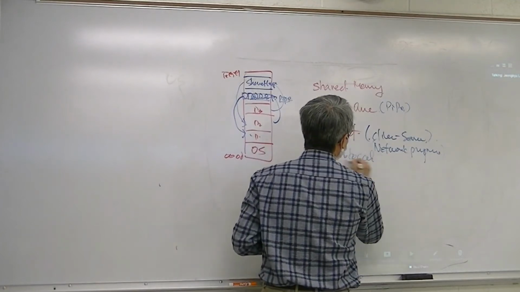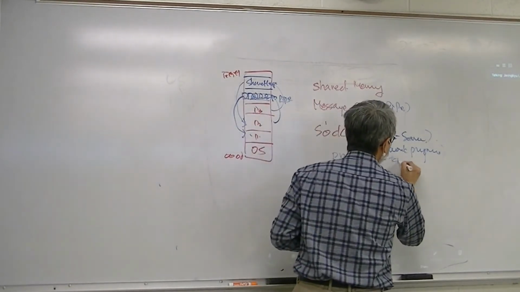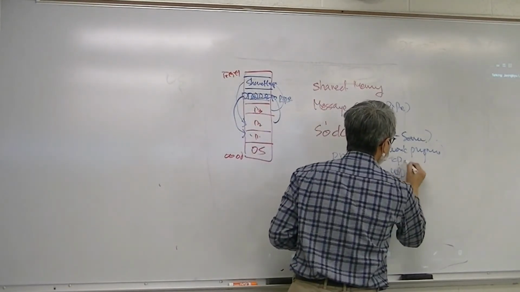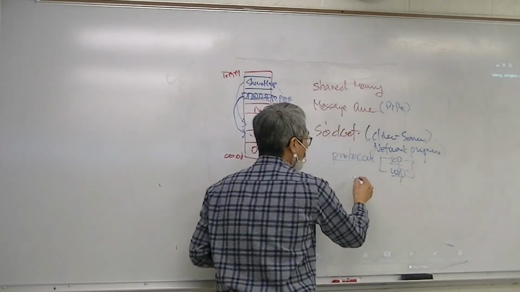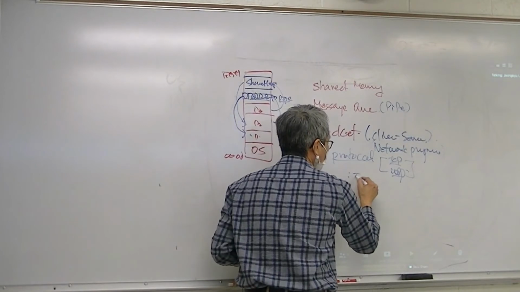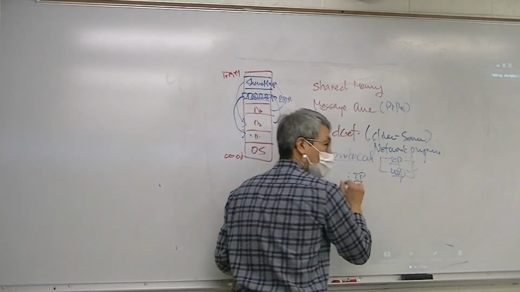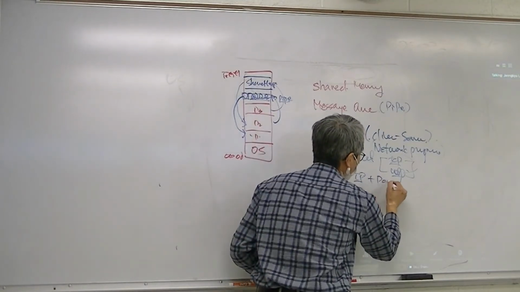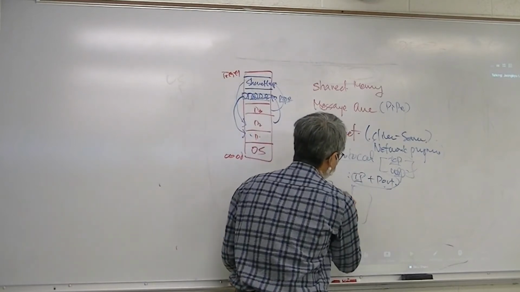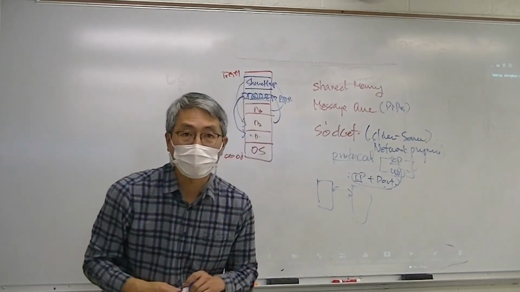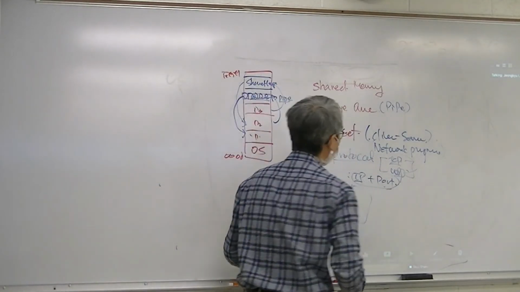Nowadays in internet protocol you use TCP or UDP. You can select one of them. Then to use TCP or UDP, you should have what? An IP address, because the protocol is based on IP. Then plus what? Port number. Using IP and port number, you can create the link for the communication. Then you can send the message and receive the message. So this is socket programming.